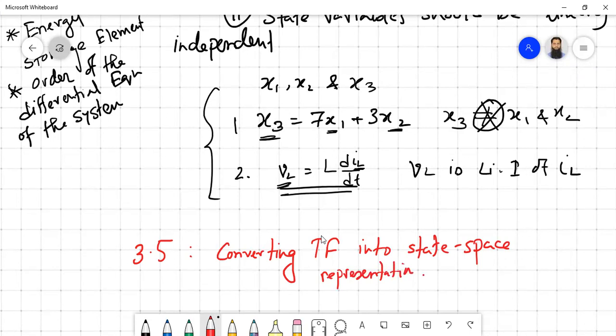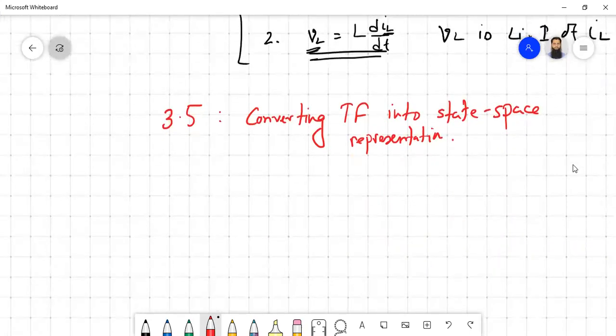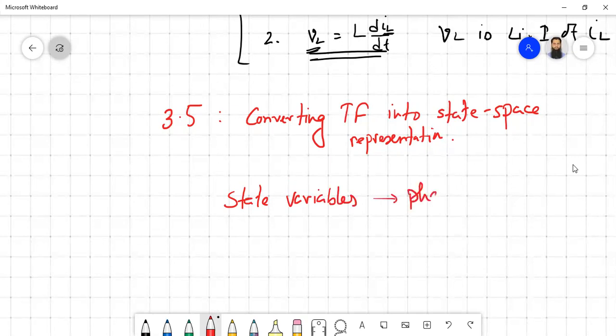While converting the transfer function into state space representation, we have to select the state variables. In this case, the state variables are also called phase variables.